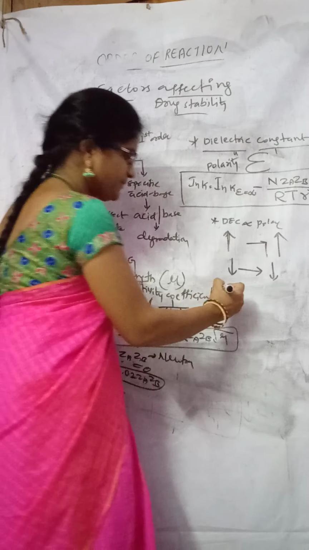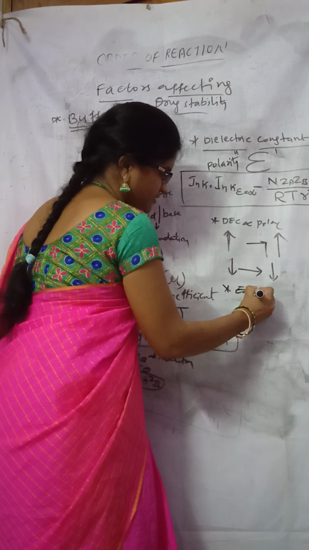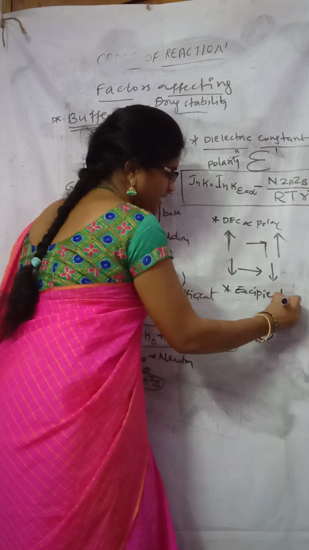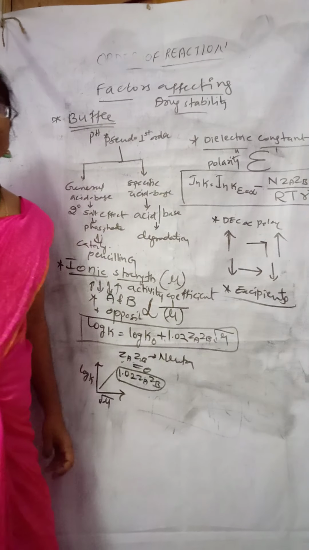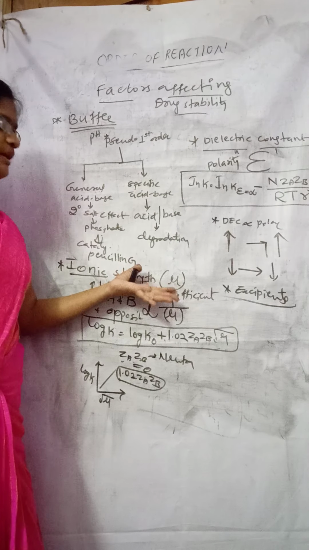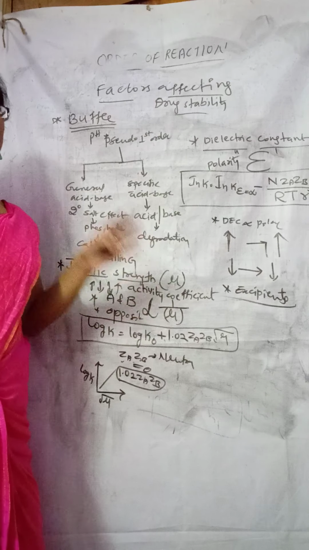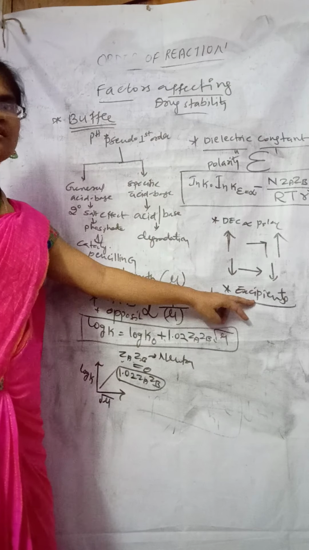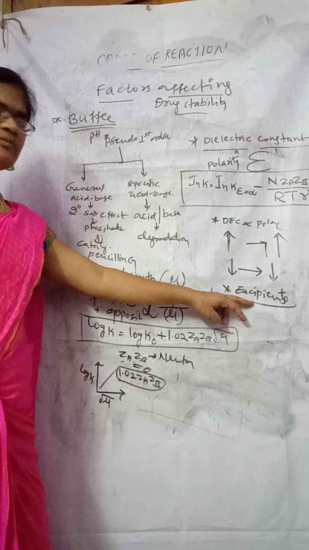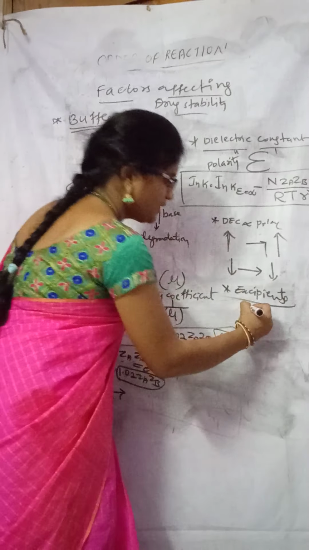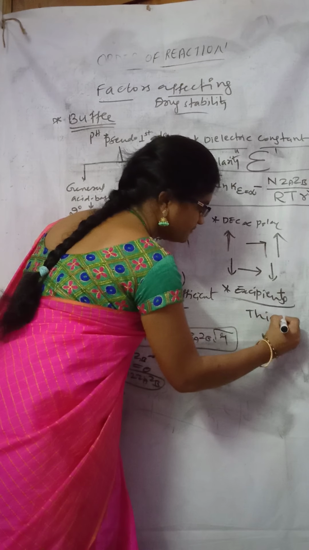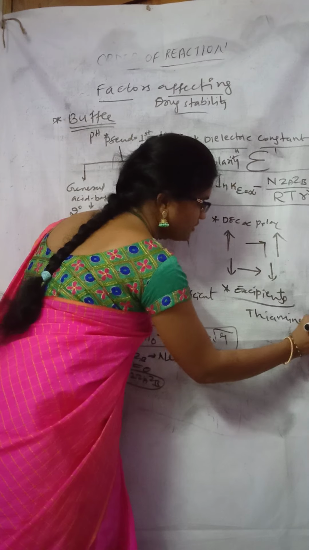Okay, and lastly excipients. So if you consider the dosage form, compulsorily along with the active ingredient we are going to add some other ingredients. Those other ingredients can be called excipients. For example, thiamine hydrochloride, I think you know this.